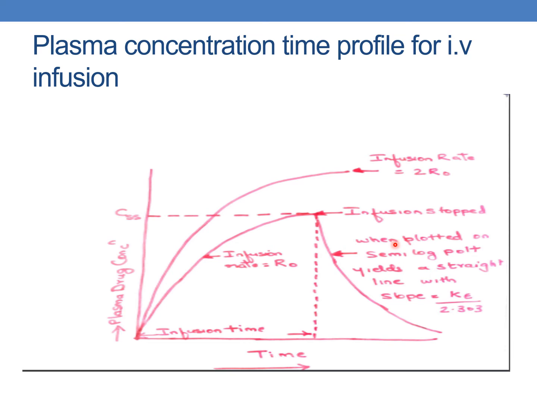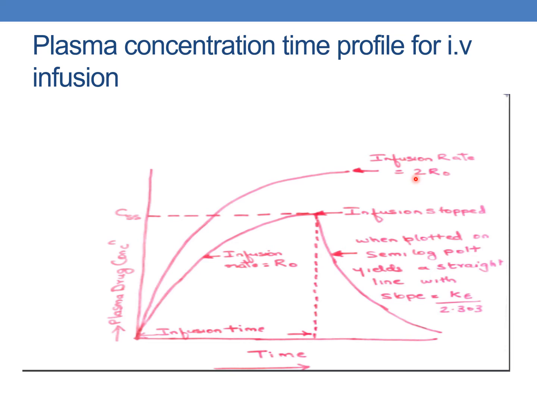Here one more important point is the time to reach the steady state concentration. The time to reach the steady state concentration is dependent upon the elimination half-life and not the infusion rate. Here you can see the rate of infusion is R0, and in the next curve the infusion rate is 2R.